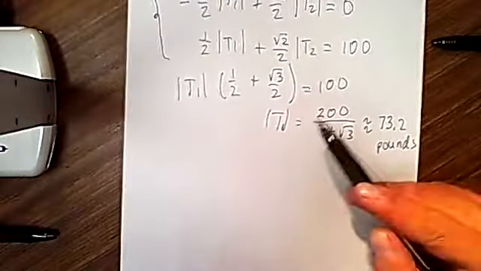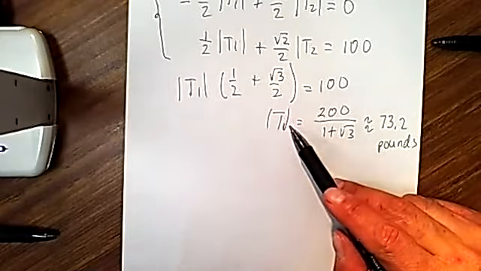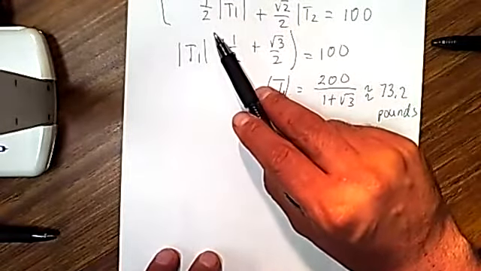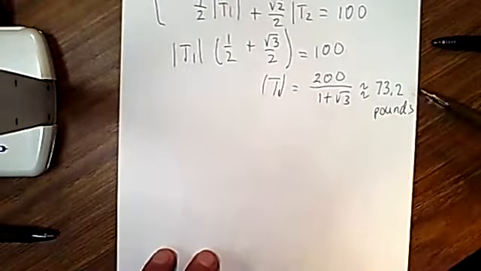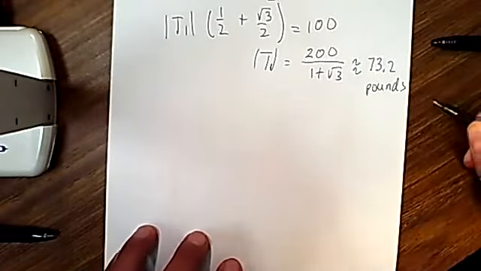Now, once we have T1, we could find T2, but instead, I'm going to take the system, multiply the second equation by square root of 3, and then go from there. And then we're going to use the elimination method.